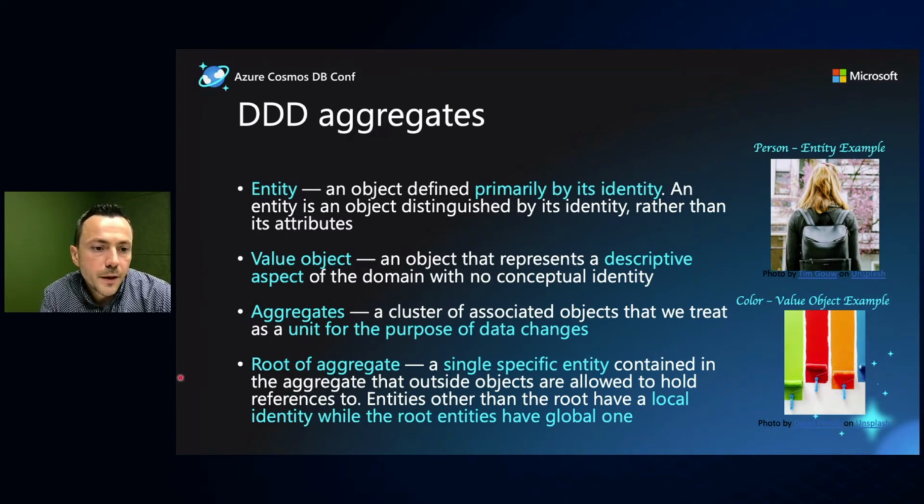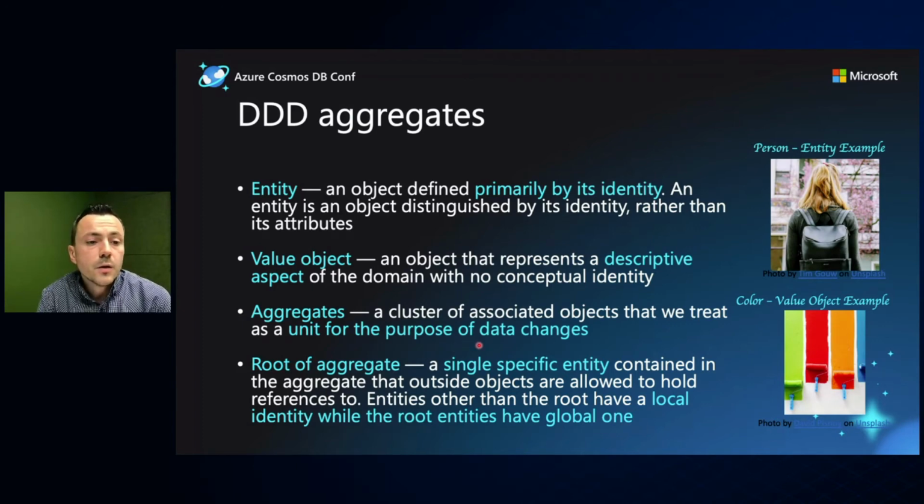So then when we split our subject area between entities and value objects, we can start thinking about aggregates. An aggregate is a cluster of entities and value objects bound together as a unit for data changes.